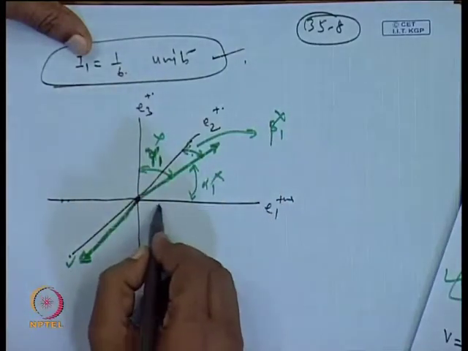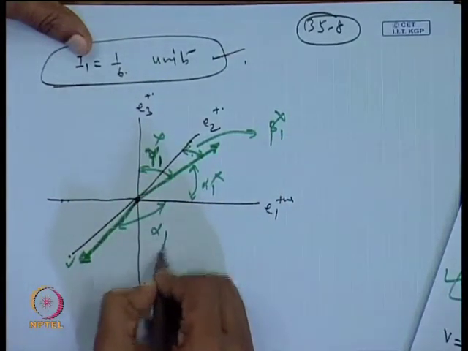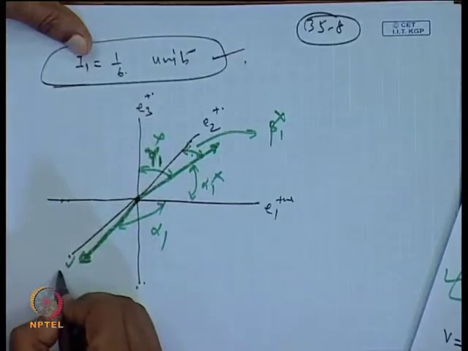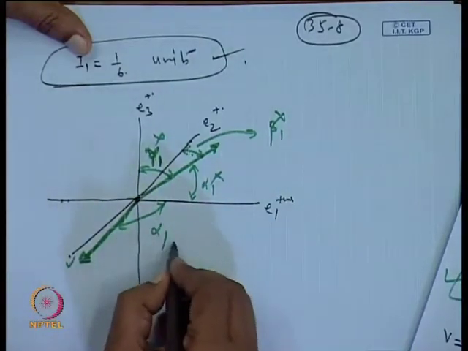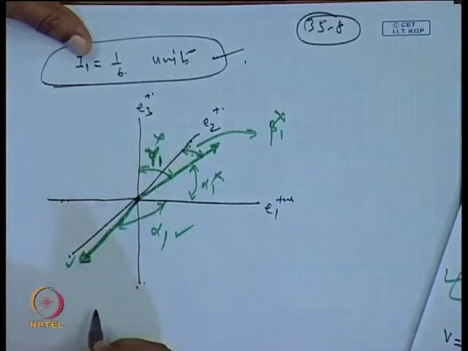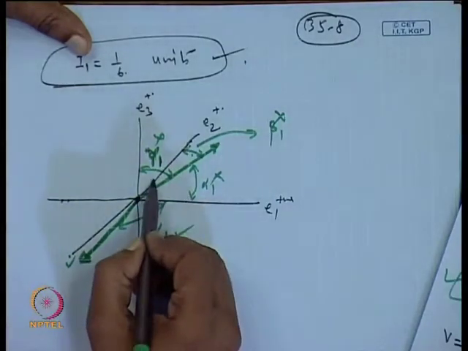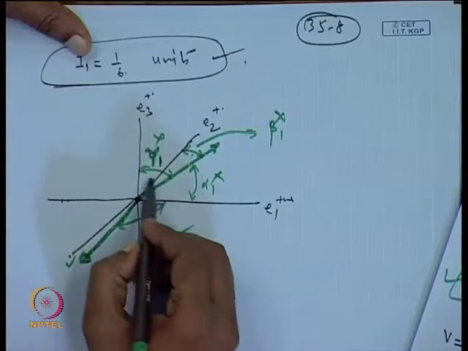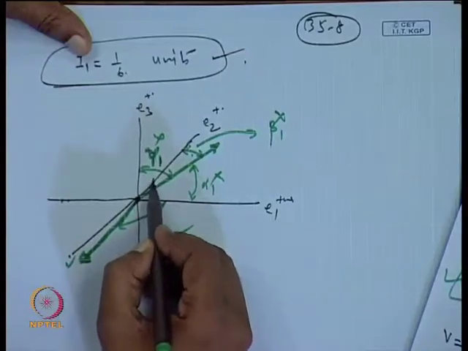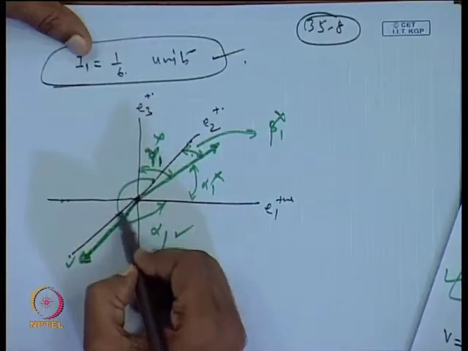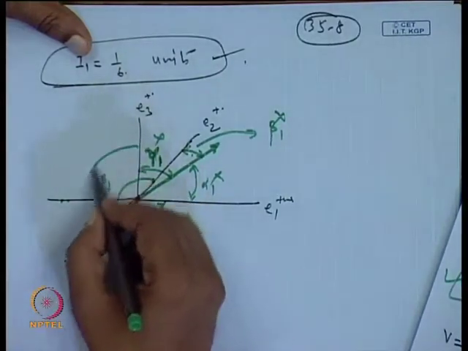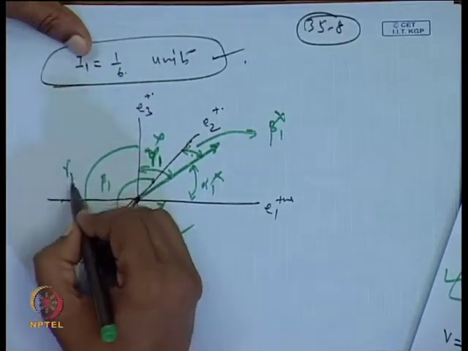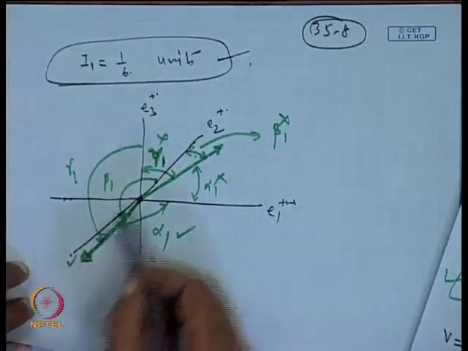Okay. So, your angles are now from here to here, this is your alpha 1. So, this is your direction E 1. So, with E 1 we are measuring alpha 1, and this is the E 2 direction. With respect to E 2 we are measuring the angle, then this angle is your beta 1, and from here we are measuring. So, this angle is your gamma 1. So, that is how you locate the direction.